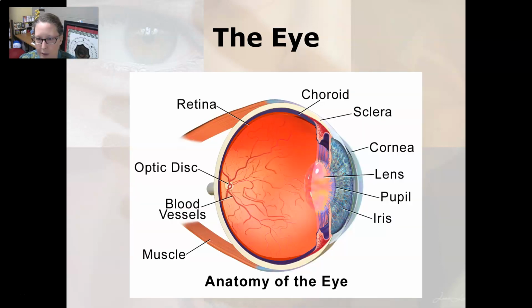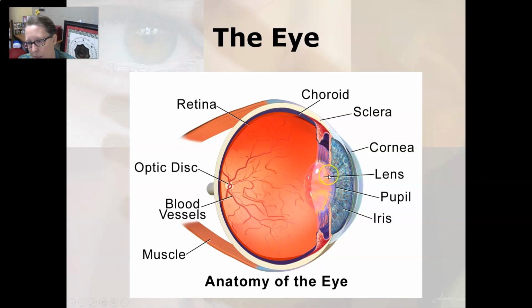Okay, so here's a diagram. The sclera is the white of the eyeball, the outermost layer, on which the eye muscles are anchored. The next layer is the choroid layer, and then the retina layer. The retina also contains the optic disc, blood vessels, and the macula, where vision happens.